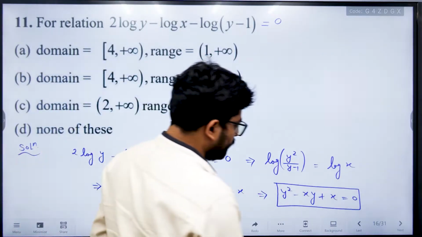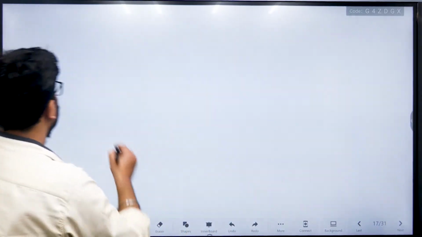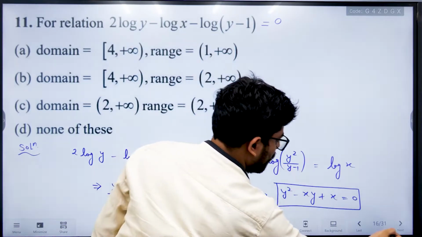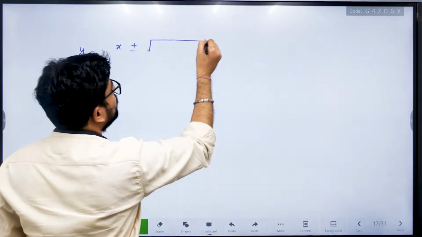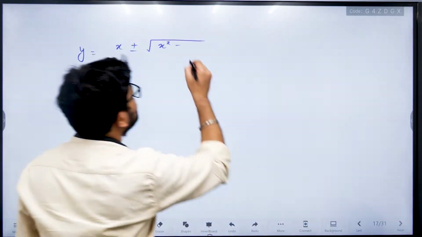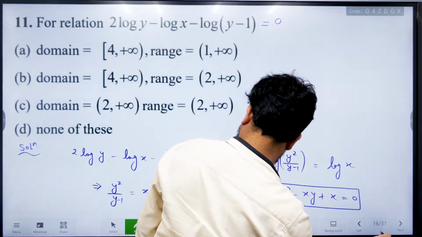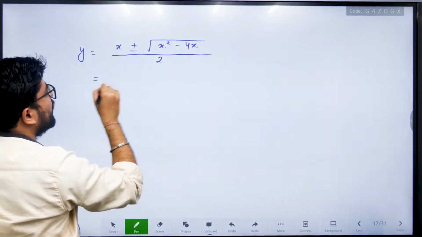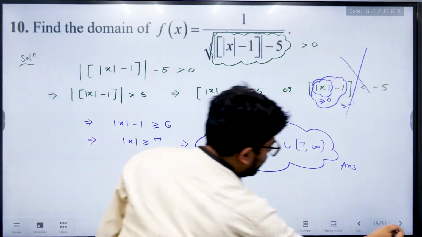So here y is equal to minus b, that is x, plus minus under root b square minus 4ac, that is minus 4x, divided by 2a, that is 2 into 1, which is 2. No need to simplify this thing further.